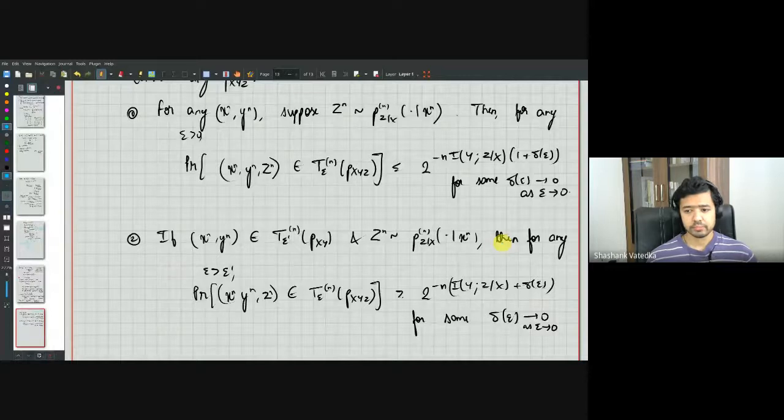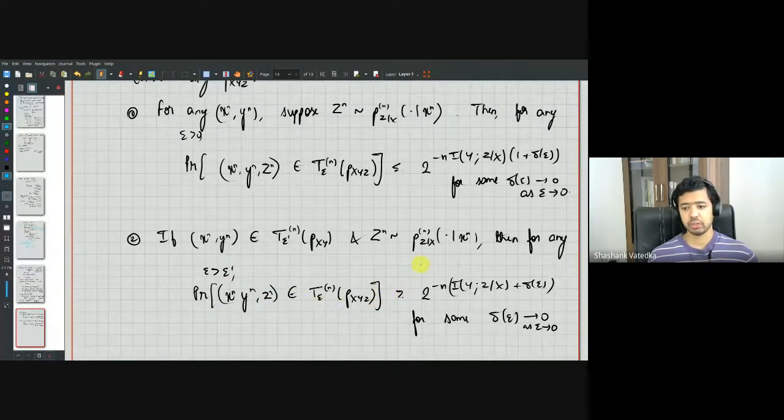Similarly, if x^n and y^n are indeed jointly typical, drawn from T_epsilon'^(n) of p(x,y), and then you draw z^n according to the distribution p(z|x) given x^n, so z^n is again drawn dependent on x^n but independently of y^n, then x^n, y^n, and z^n are jointly typical with a certain probability.